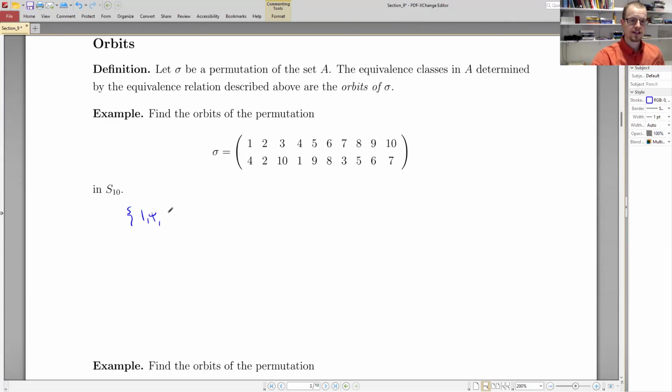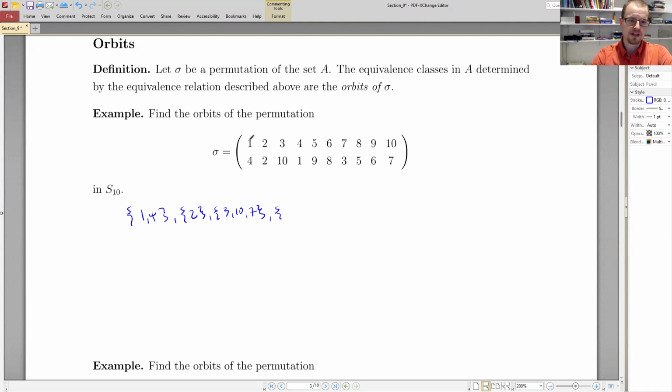That is our first orbit. 1 goes to 4, 4 goes to 1. Next, we have 2 goes to 2. So, boom, that's it. Next, we have 3. Where does 3 go? 3 goes to 10. 10 goes to 7. 7 goes back to 3. So that's the end of that orbit.